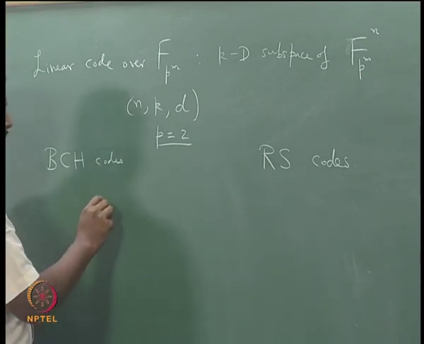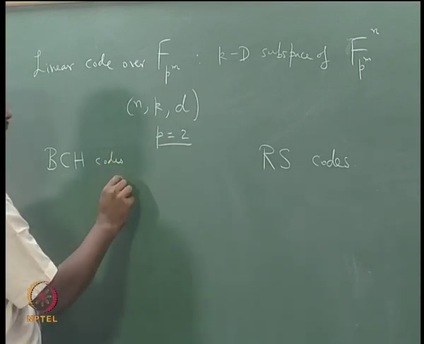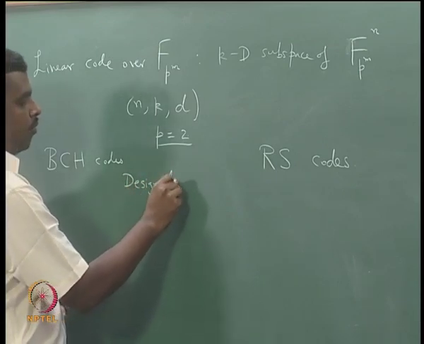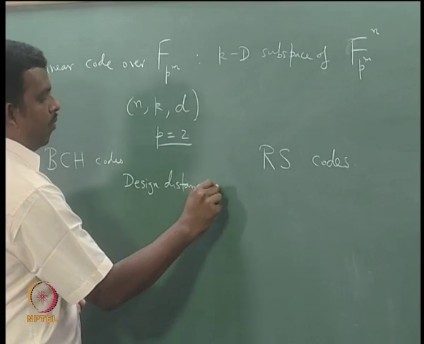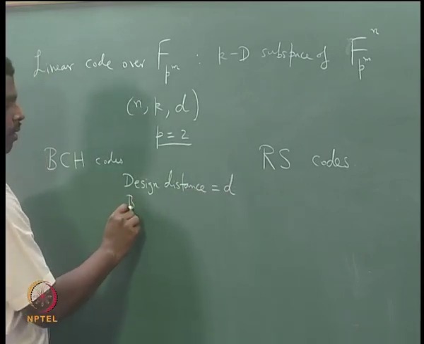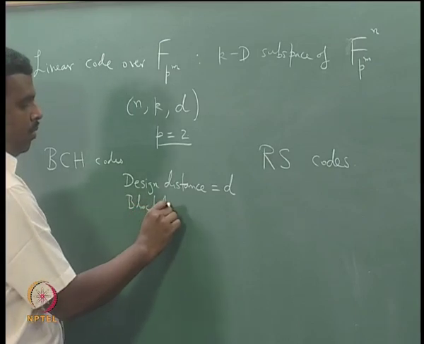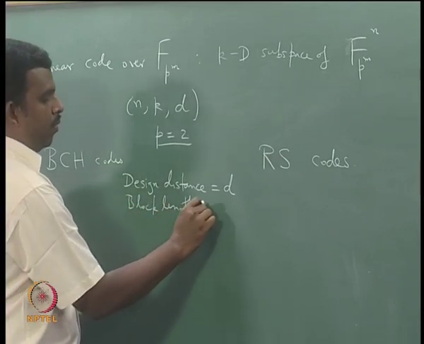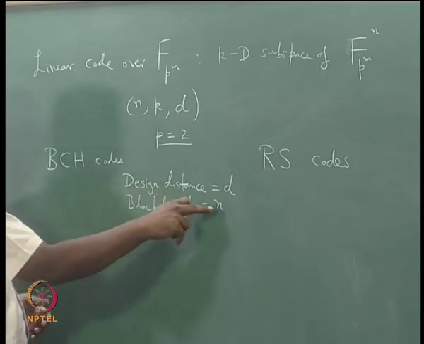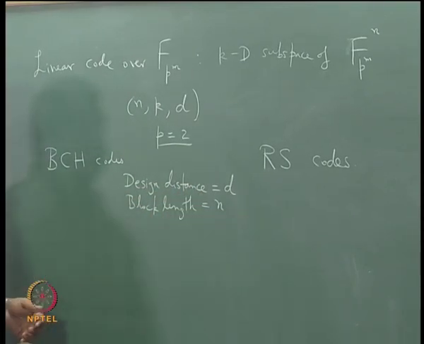So how did that parity check matrix look? If you want a design distance d, let us say block length n, I will come to the dimension later, it is defined differently. So if you have a block length n and a design distance d, what do you need to start off?